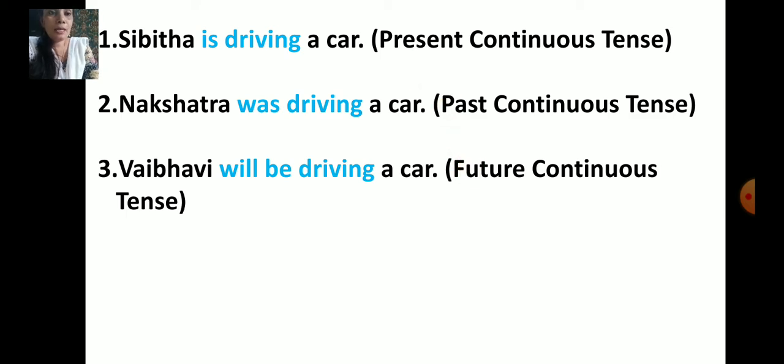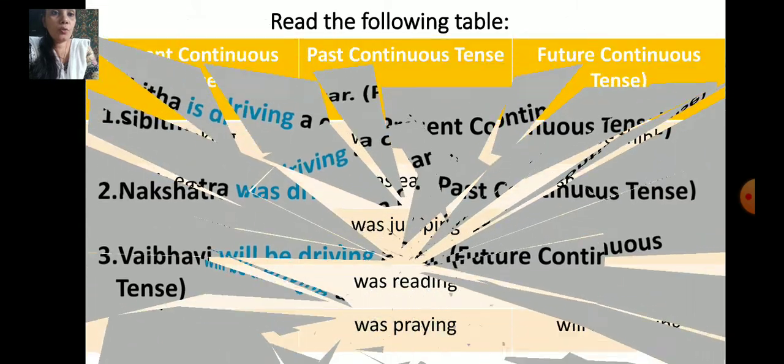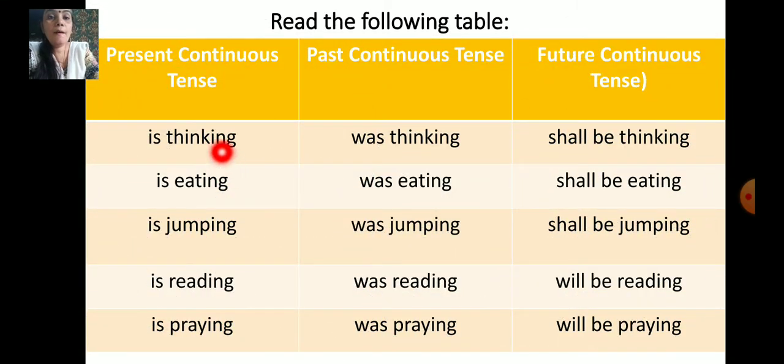Okay. Now here also we have a table for present continuous tense, past continuous tense and future continuous tense. So anywhere the blank will be given, is thinking, present continuous. Present means is, past means was, future means shall or will, shall be or will be.